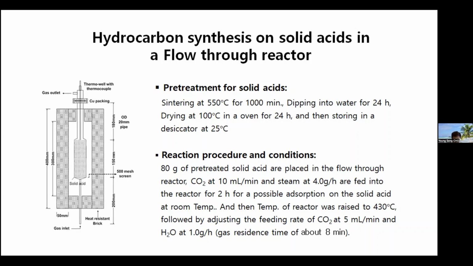And then for the experiment, solid acid was placed in a flow through reactor, and then steam was fed into the reactor at room temperature for possible water adsorption on the solid acid. The temperature of the reactor was raised to 430 degrees C. In this case, gas residence time in the reactor was about 8 minutes.